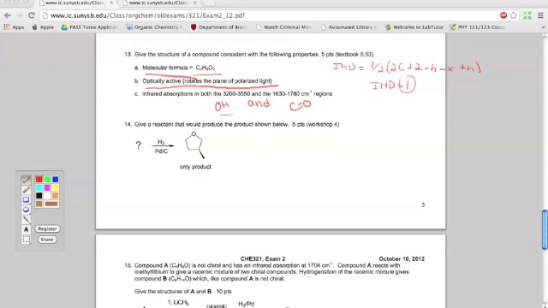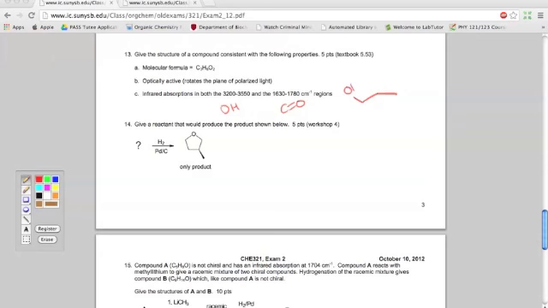So let's first draw this out. Let's look for the possibilities on what we can do.